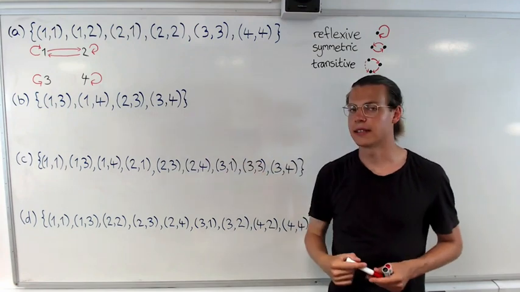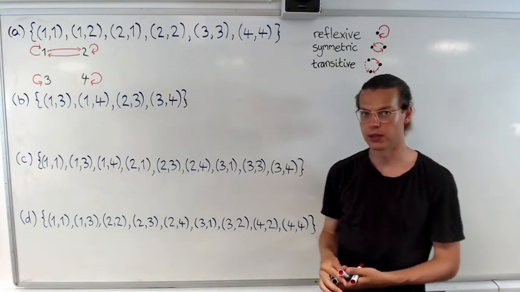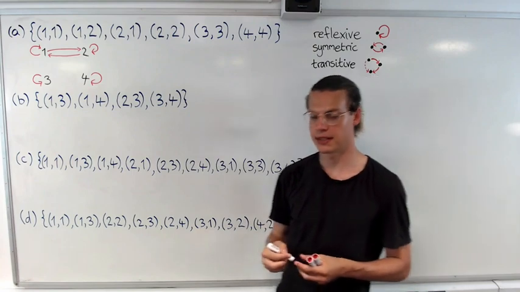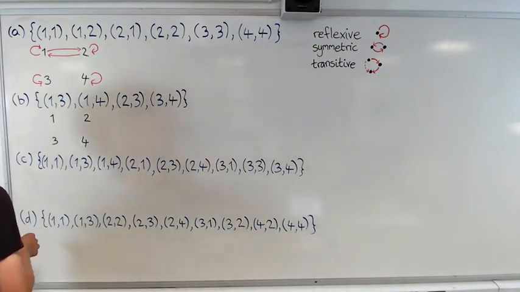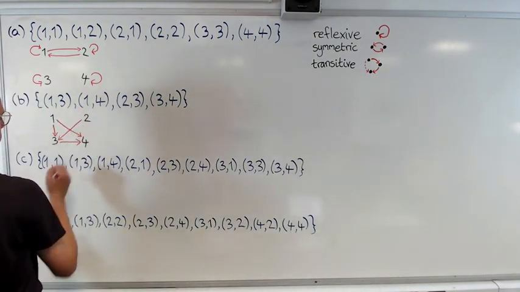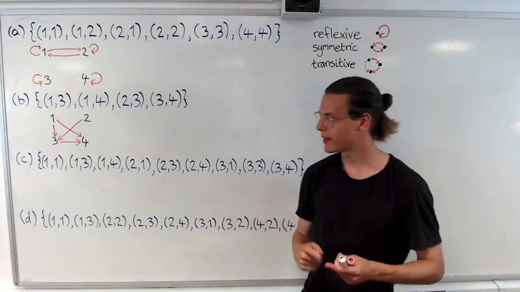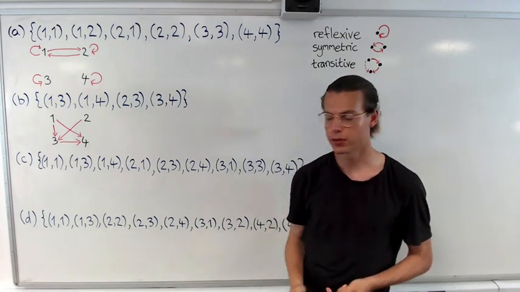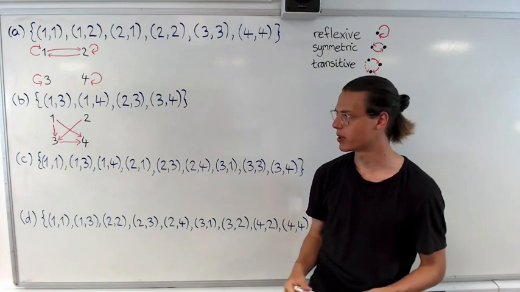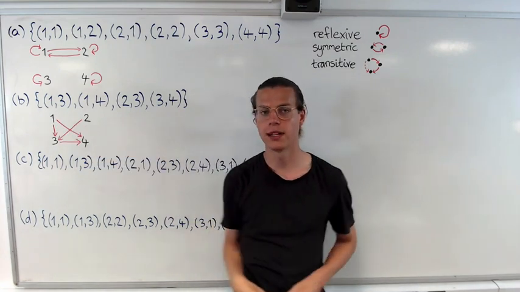Let's look at our second relation, and again we will draw the relation to help us answer this. Now, clearly this relation is not reflexive, since, for example, 1 is not related to itself.